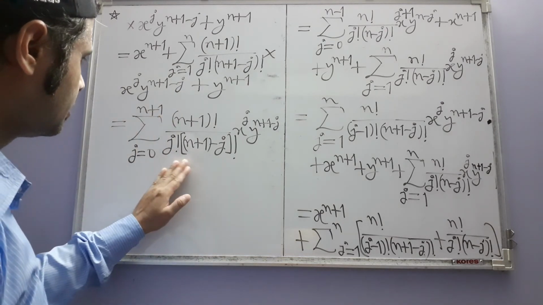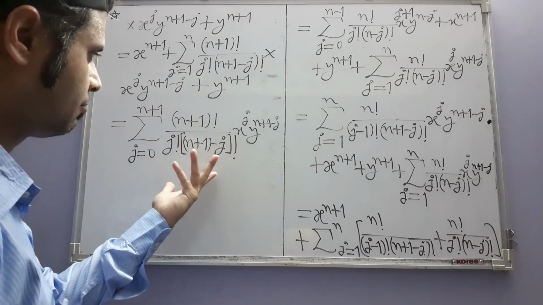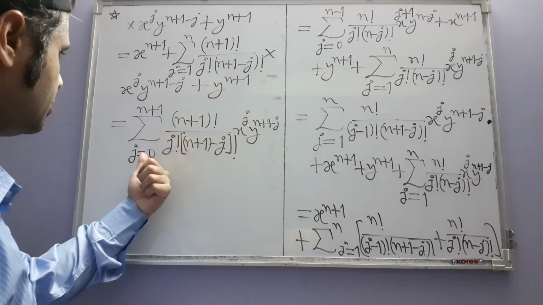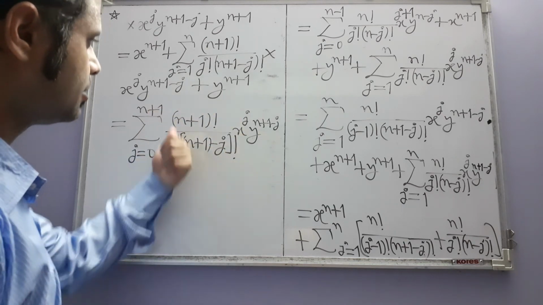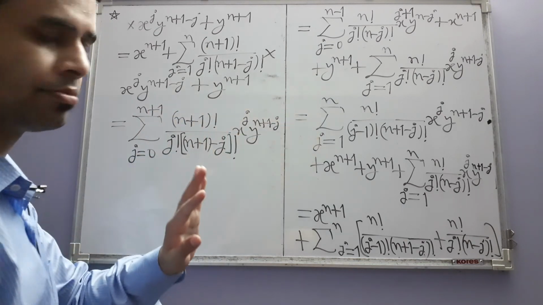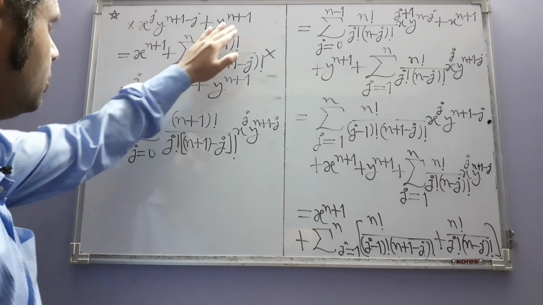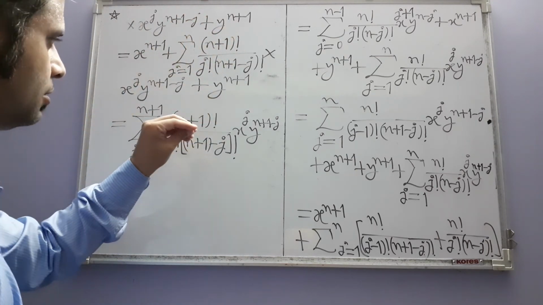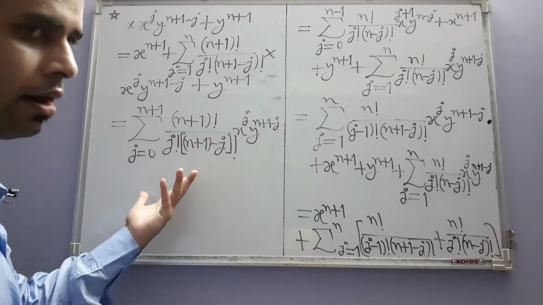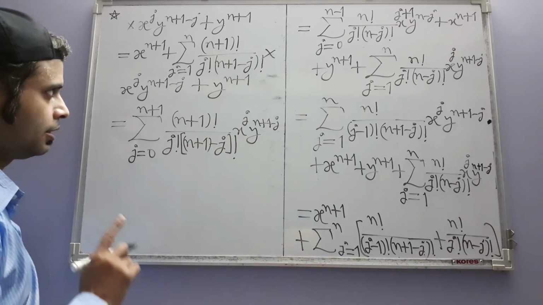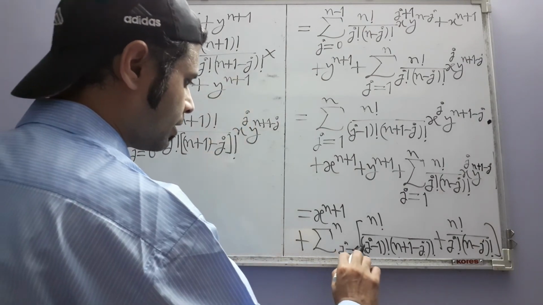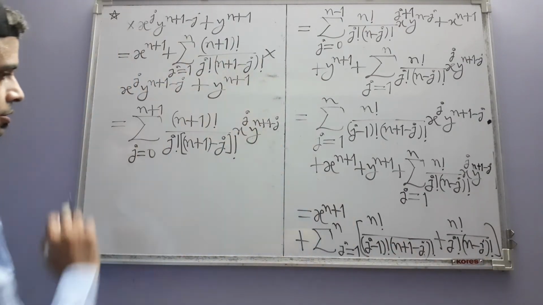When j is 0, this becomes 1, we have already seen that, and we have y to the power n plus 1. When j is n plus 1, again this becomes 1, and we get x to the power n plus 1. So those two terms outside have now been included in this slightly larger finite series. Now your question of course would be whether this actually becomes equal to this. Let us see.